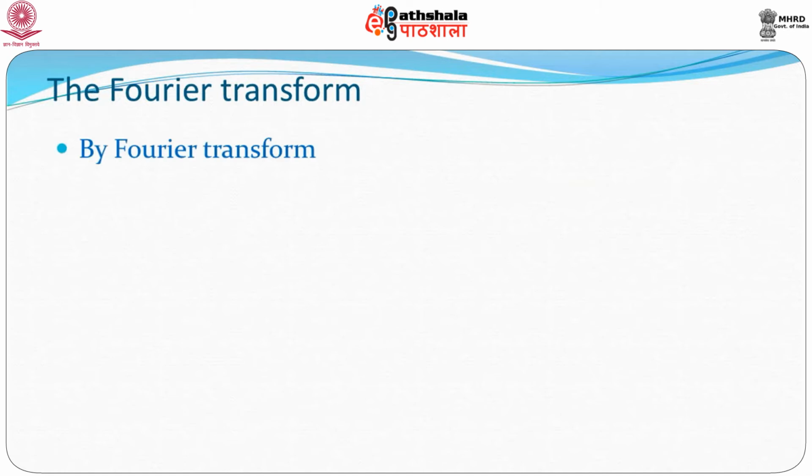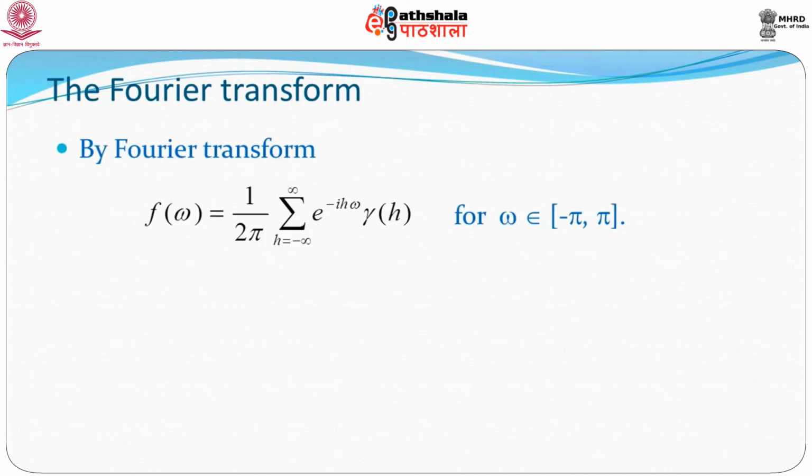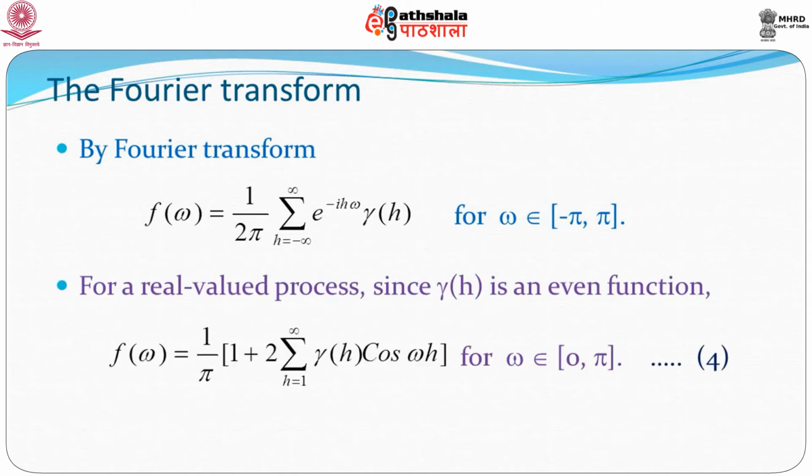Now, the Fourier transformation actually gives us f(ω) equal to 1 by 2π times the summation over h from minus infinity to infinity of e to the power of minus i h ω γ(h), and this is defined for all ω between minus π and π. Now, for a real valued process, since γ(h) is an even function, we can write this as 1 by π times (γ(0) plus 2 times the sum from h equal to 1 to infinity of γ(h) cos(ωh)).